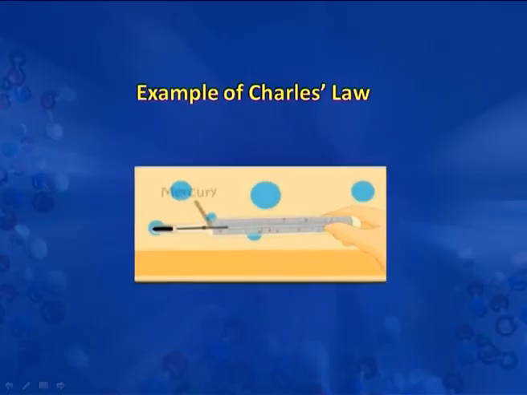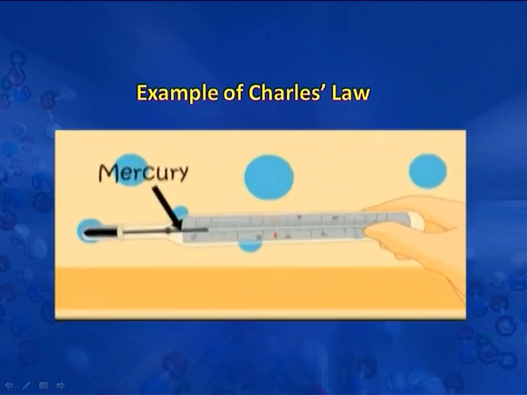A very good example of Charles' law is a thermometer. In a thermometer, as the temperature goes up, the volume of mercury goes up too. When we have a fever, our body temperature is high, and the volume of mercury goes up in the thermometer.